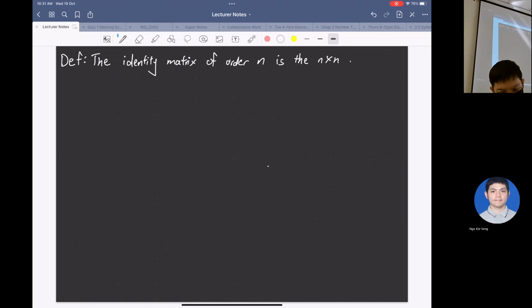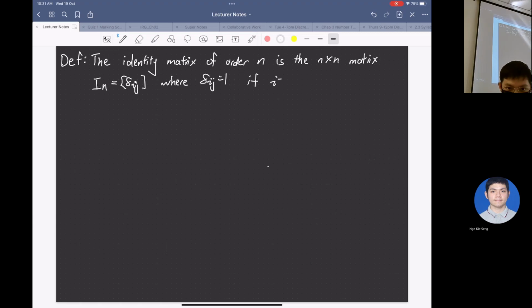So is the identity matrix sending some vector, some element, to itself? Yes, the answer is yes, but let me write down the definition of the identity matrix first.